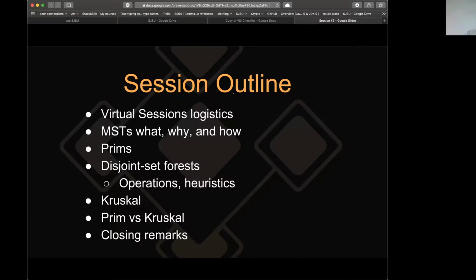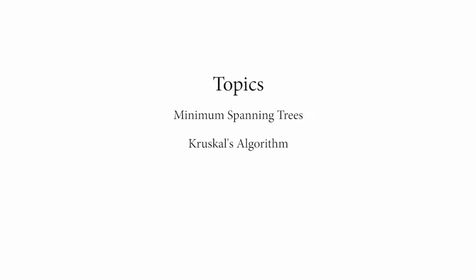Then the main goal for this session is to cover MST trees, what they are, why we need them, and how we come up with them, and cover the two main algorithms to get it, Prim's and Kruskal's, and in the end cover a little bit about the difference between these two algorithms. So to begin, Shivanku will start with telling us a little bit about MST trees, why we need them, and how we are going to come up with them.